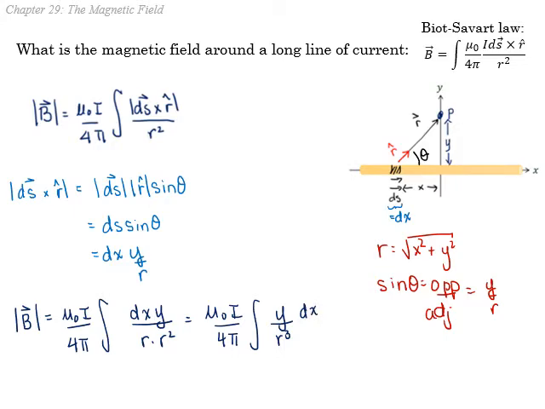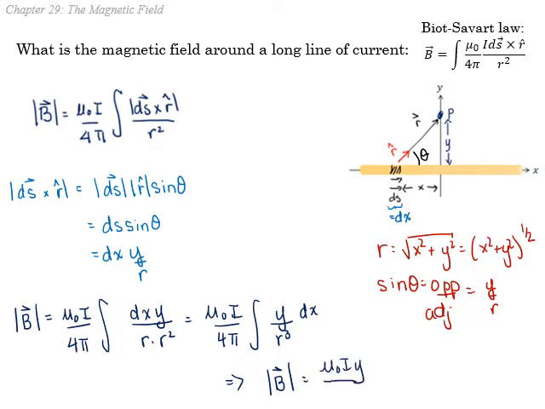We can take our y outside if we wish, and we can remember that r is the square root of x squared plus y squared, or x squared plus y squared to the 1/2. And we're going to be cubing that r, so we'll get an exponent of 3/2. So our final result then is that B, the magnitude, is mu naught times I times y.